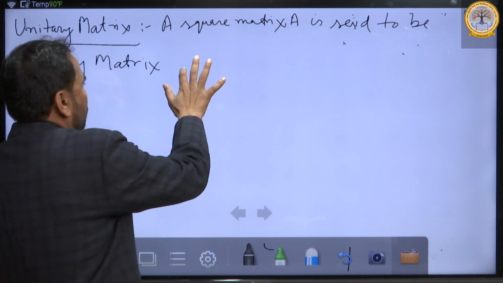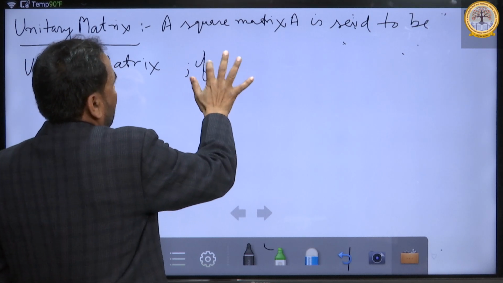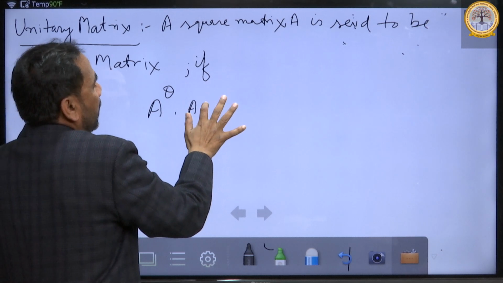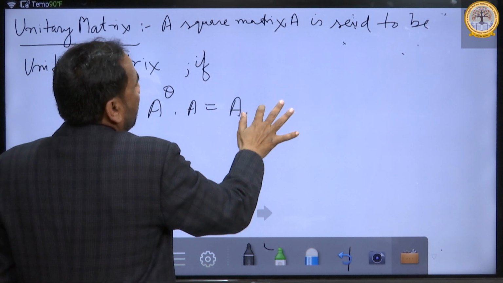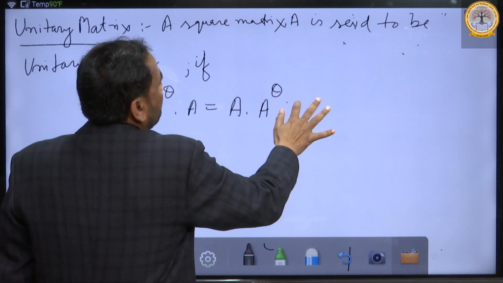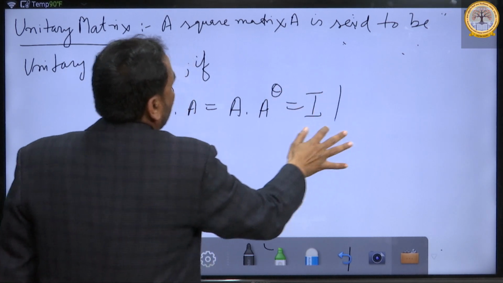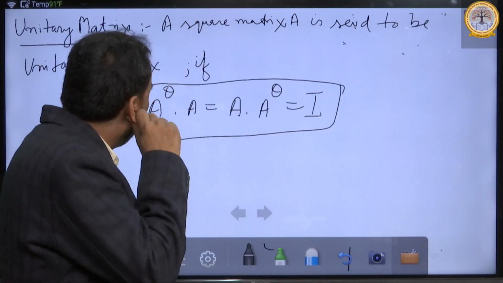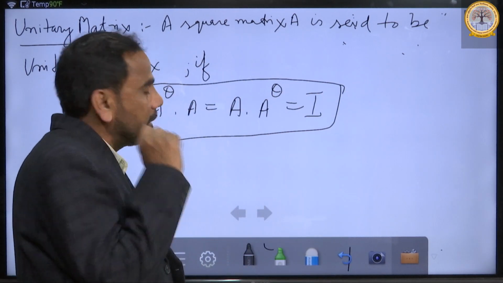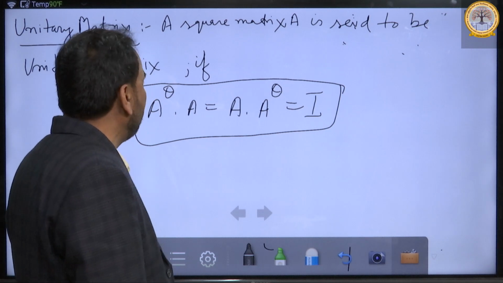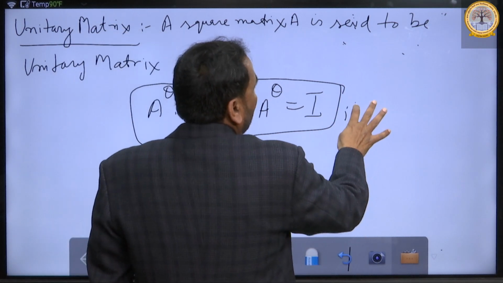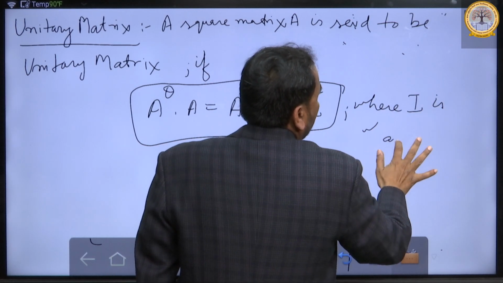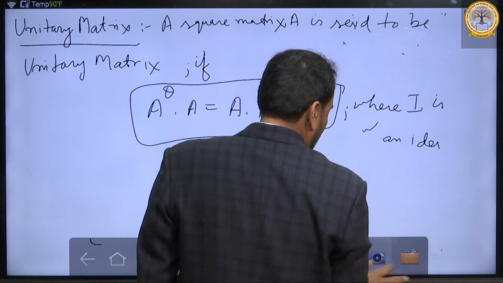if A to the power theta dot A is equal to A dot A to the power theta is equal to I. This is the condition of a unitary matrix. If we fulfill this condition, then matrix A is known as a unitary matrix, where I is an identity matrix.